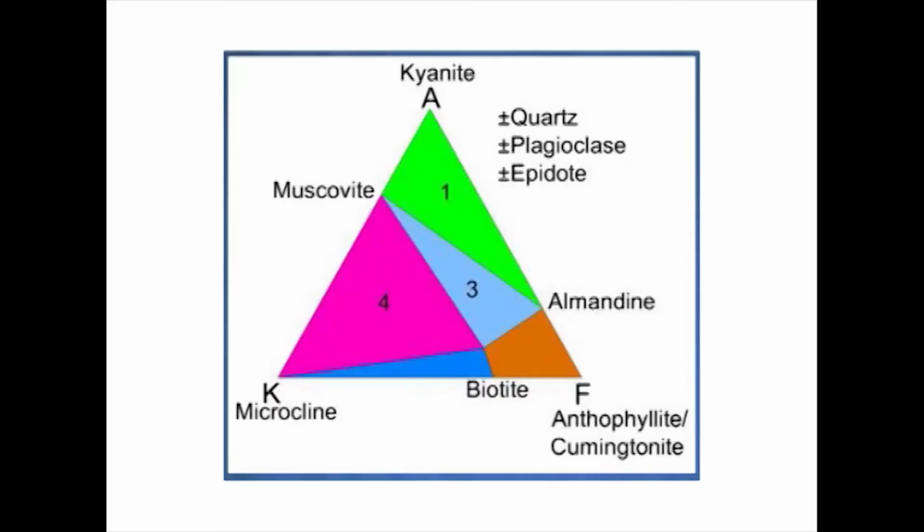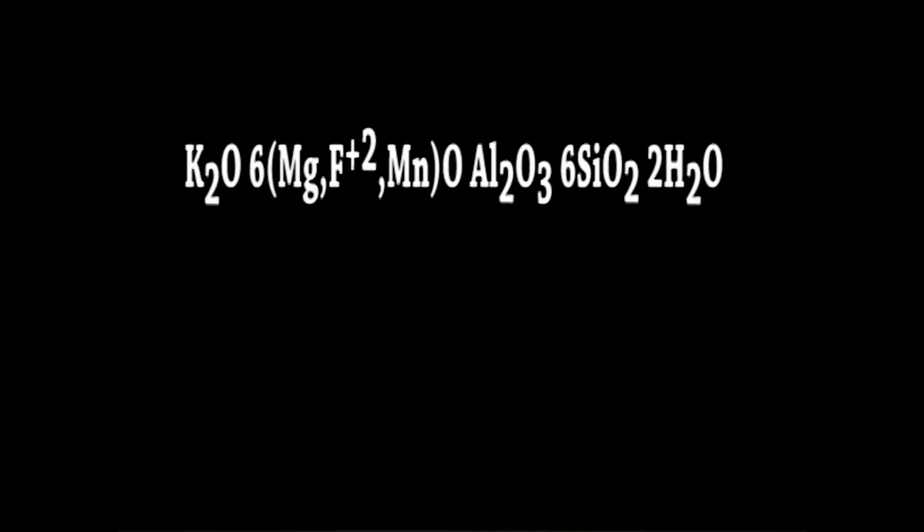Biotite has a variable composition and is represented by a field. The ideal composition of biotite is K2O·6(Mg,Fe,Mn)O·Al2O3·6SiO2 and 2H2O.